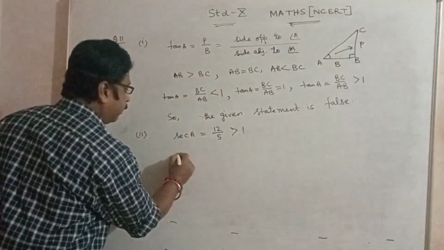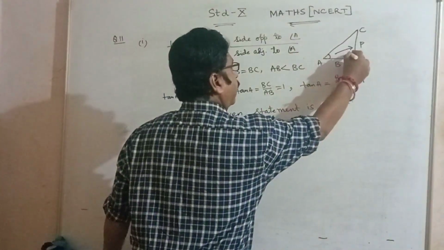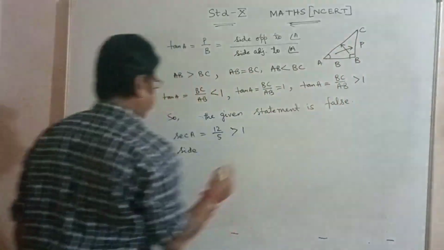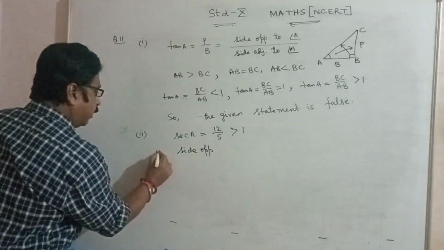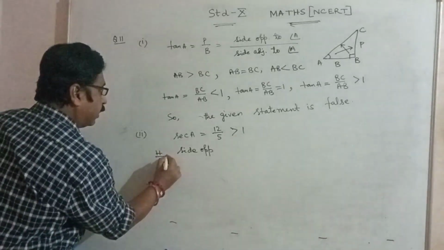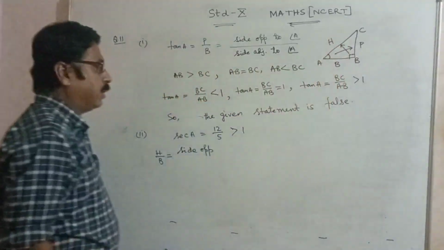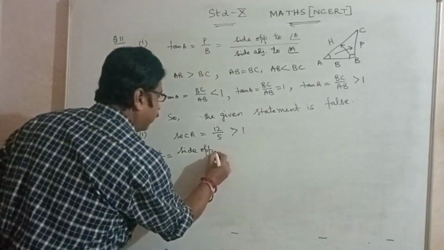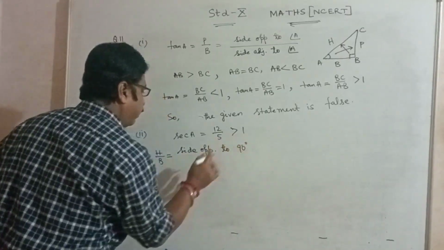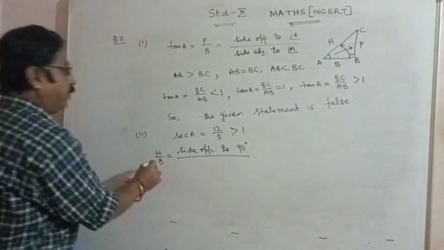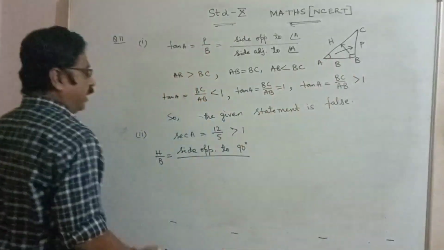Hypotenuse means side opposite to 90 degree. Hypotenuse is this, side opposite to 90 degree. Base, side adjacent to angle A.